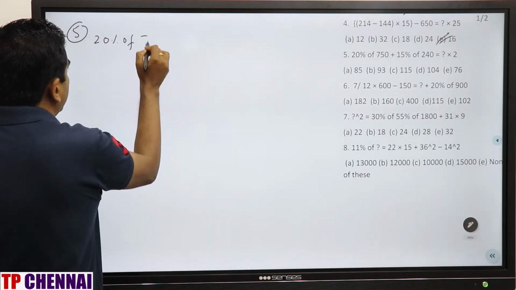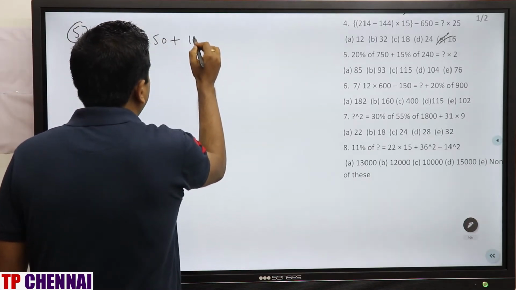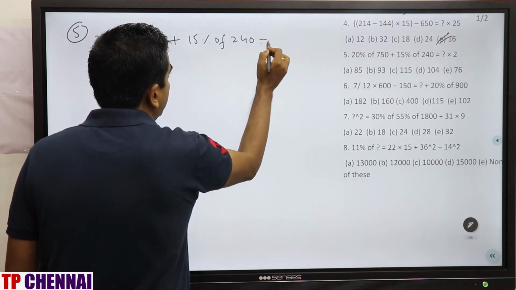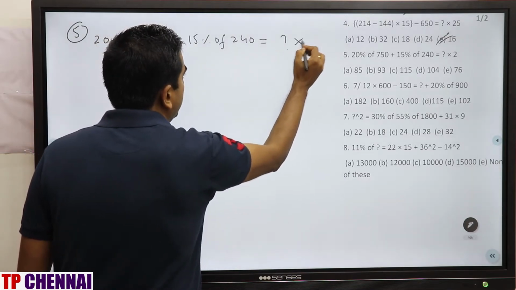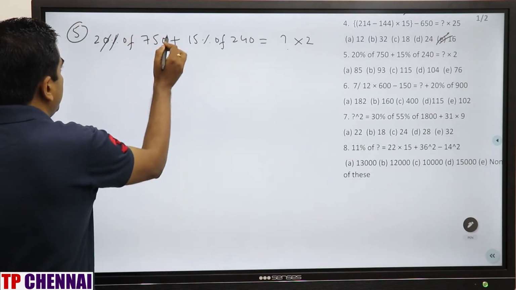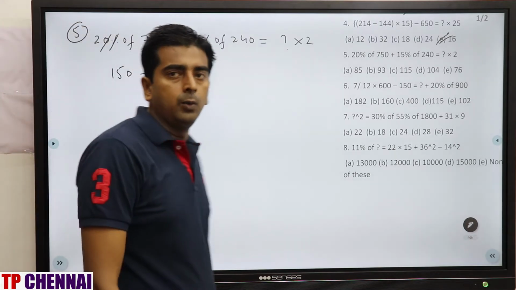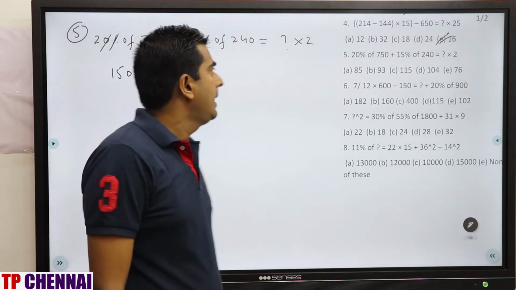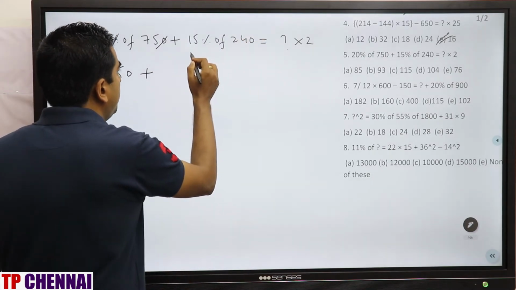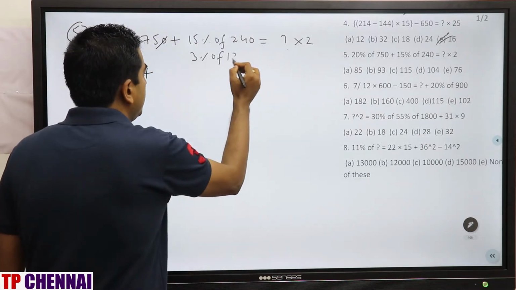20% of 750 plus 15% of 240 is equal to question mark into 2. Right? So here percentage and double zero will go, this is nothing but 150 plus 15% of 240. If I divide this number by 5, I need to multiply this number by 5, so this will be 3% of 240 into 5, which is 1200.